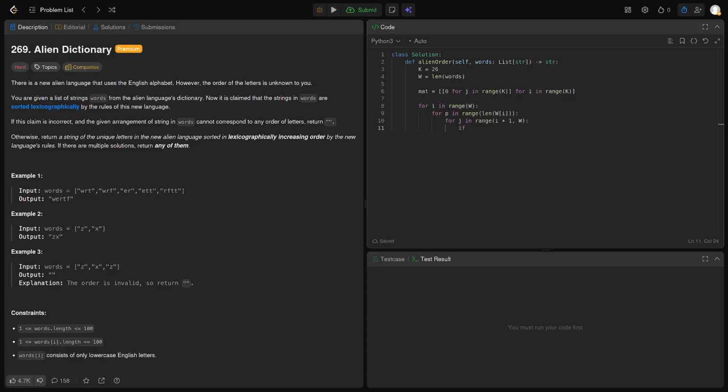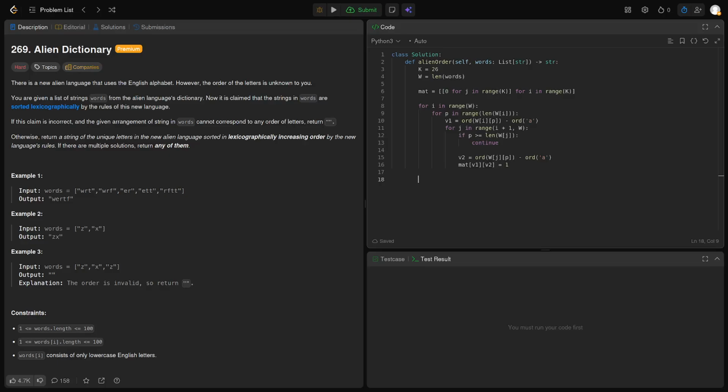if p is less than len vj, and then we want to do vertex 1 is equal to ord of vi p minus ord of a, and then continue, and then v2 is ord of vj p minus ord of a, and now matrix v1 v2 is 1, right?